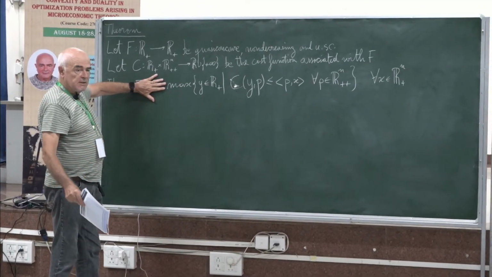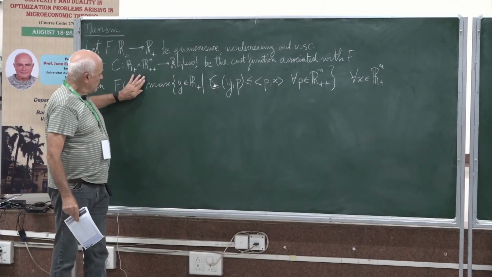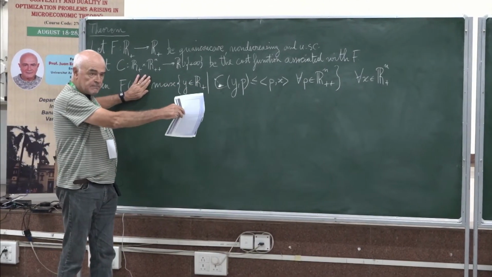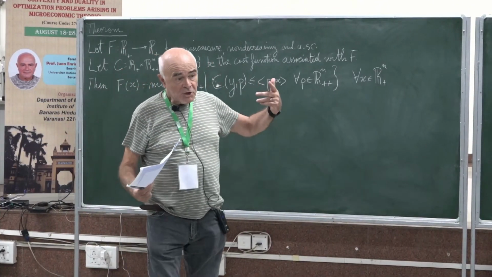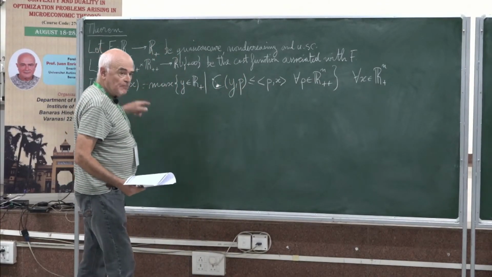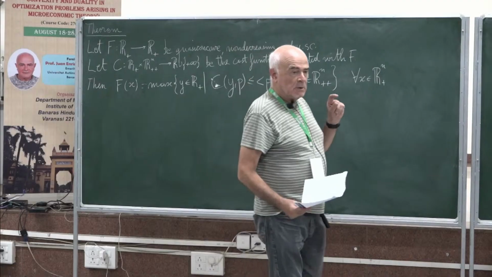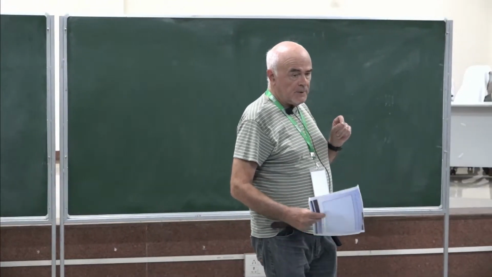Yesterday we saw that if we have a cost function and we apply this formula, then we obtain a production function which has the same effect as the original production function, in the sense that the associated cost function is the same.